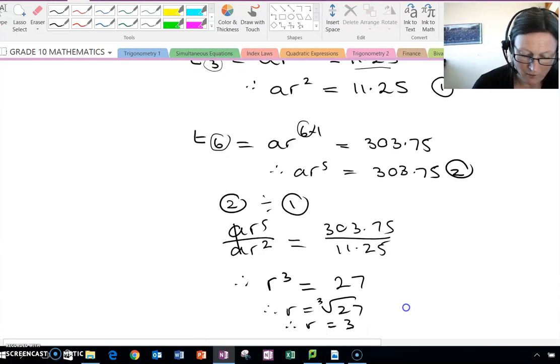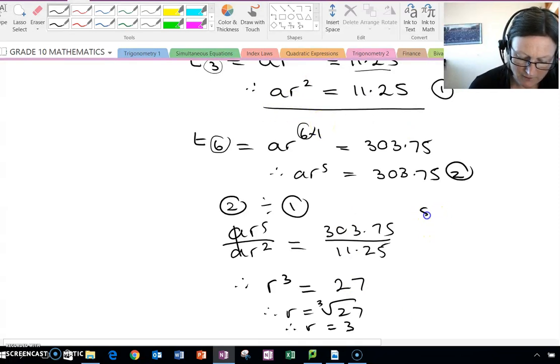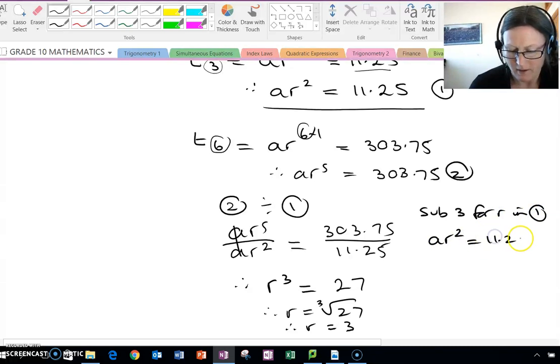Now I know R, I'm going to substitute, probably back into my first equation. I'm told that R is 3. So I'll just do it over here. Substitute 3 for R in equation 1. So here's equation 1. Now where I see R, I'm going to put 3.